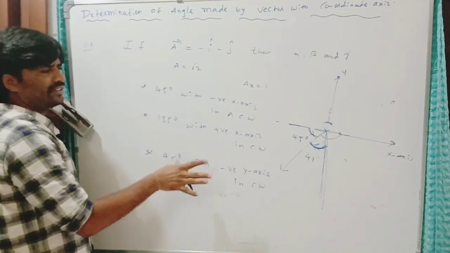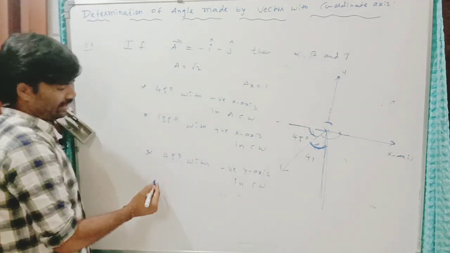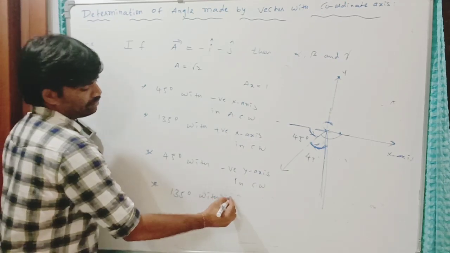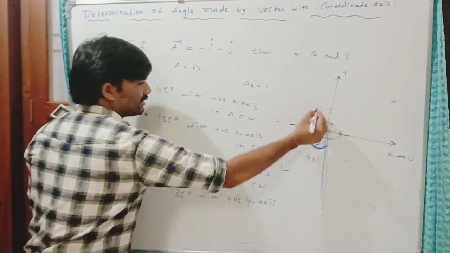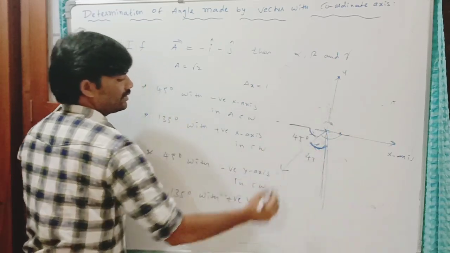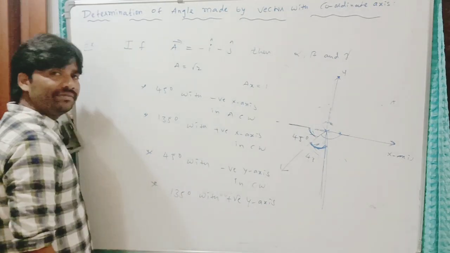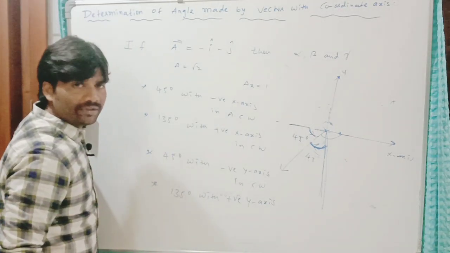So you can describe the direction in any manner. You can explain its angle in any manner. Also you can say it makes a 135 degrees angle with the positive y-axis. This is the measurement of the angle. So you should not take this angle, it will be more than 180. Angles must be less than 180, never more than 180.